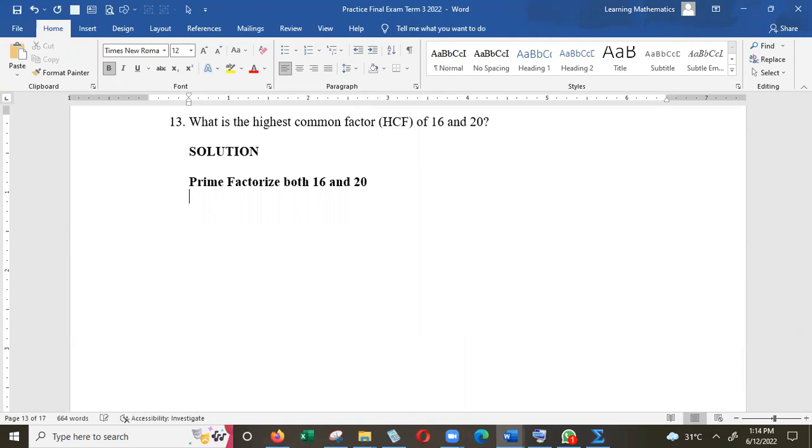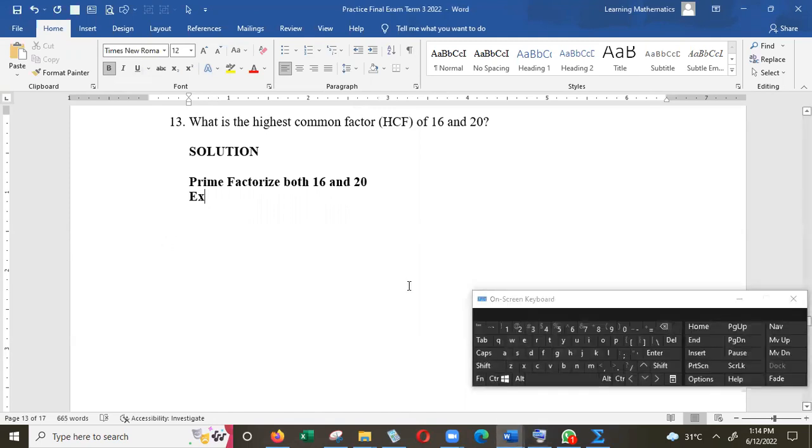Examples of prime numbers, just for your knowledge, are numbers like 2 as the first prime number.